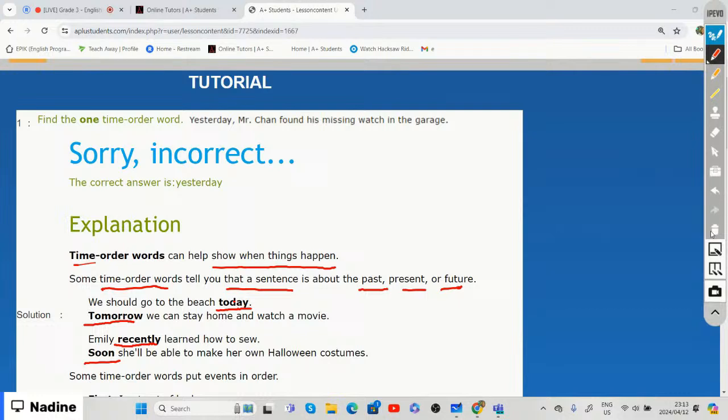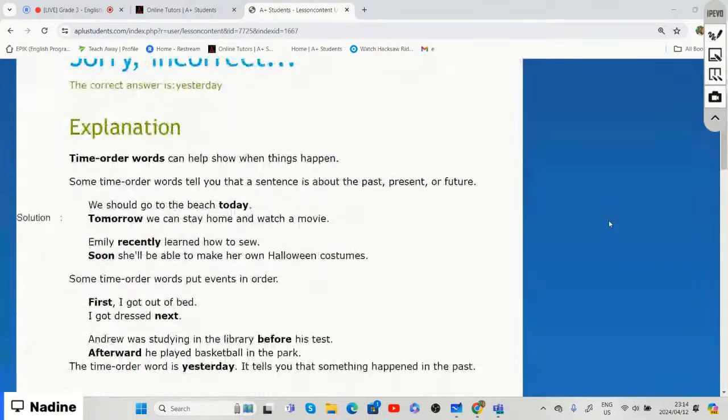All right. So we are going to go on to our task real soon, but I need to first know that all of you do understand what time order words mean, right?